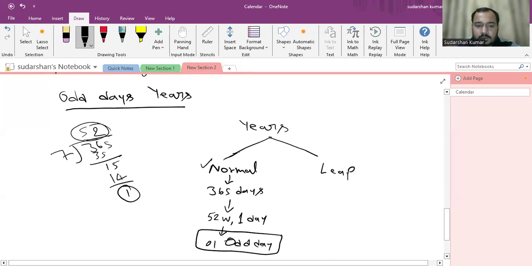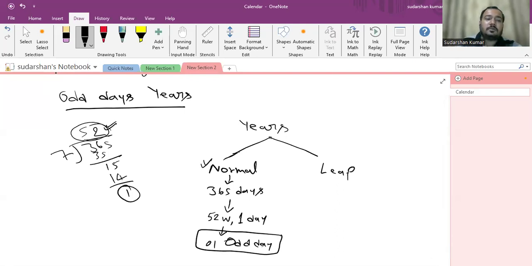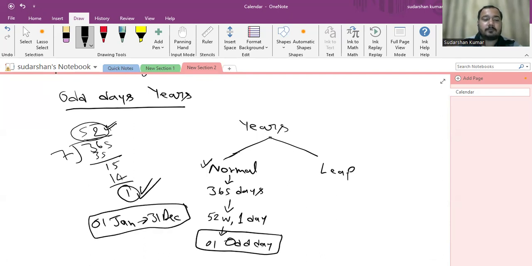Now we can analyze something. In any normal year, every day of the week is repeated 52 times, but there is one extra day that will repeat 53 times. This day is the first day of that year, that is, 1 January. It means in a normal year, 1 January and 31st December are the same day.